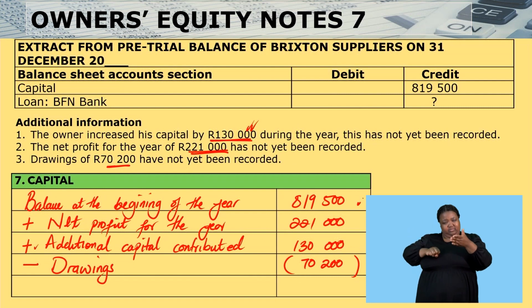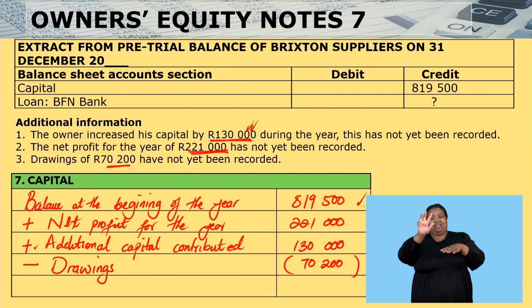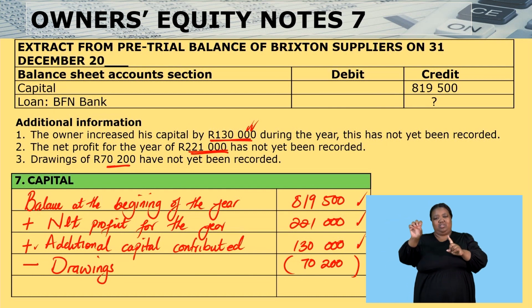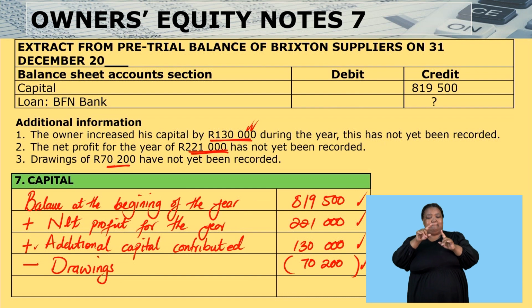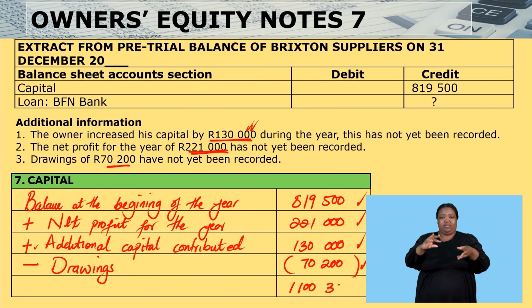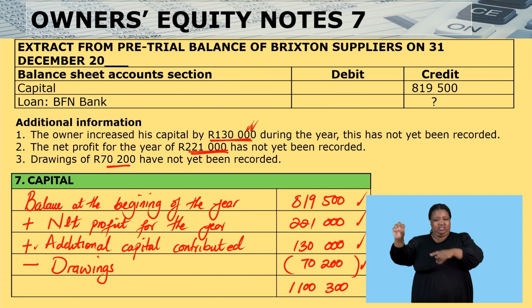Then you're going to say 819,500 plus 221,000 plus 130,000 minus 70,200. Then you end up with 1,100,300. That therefore becomes your balance at the end of the year.